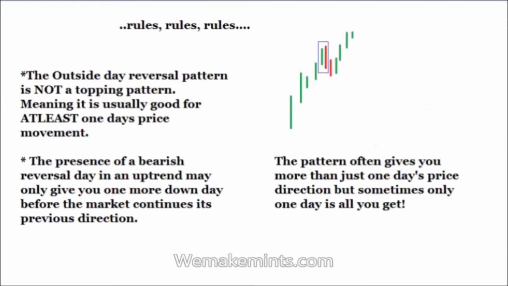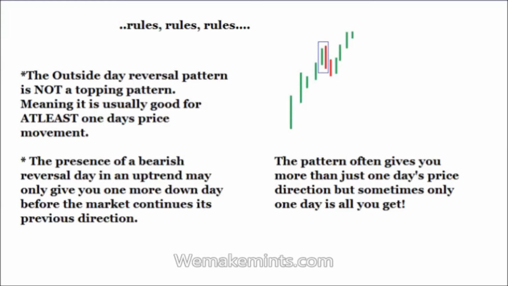Okay, so we've mentioned that this is a reversal or it can be a reversal pattern, but something that a lot of textbooks etc. don't really point out is what happens after you have a successful pattern. So you spot the pattern, the next day is a down day in this example. So what happens then?